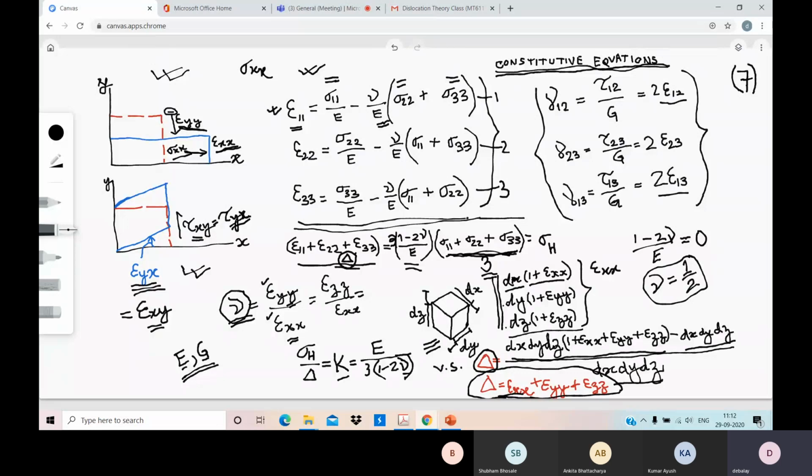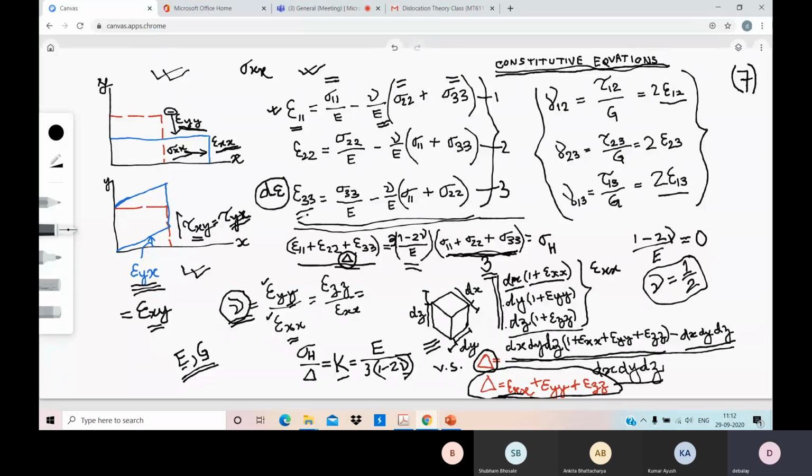Similar expressions hold only since plastic deformation is incremental. Therefore, instead of epsilon, we write d epsilon. The coefficients change a little, effective stress and effective strain value comes, but the basic expression remains the same.